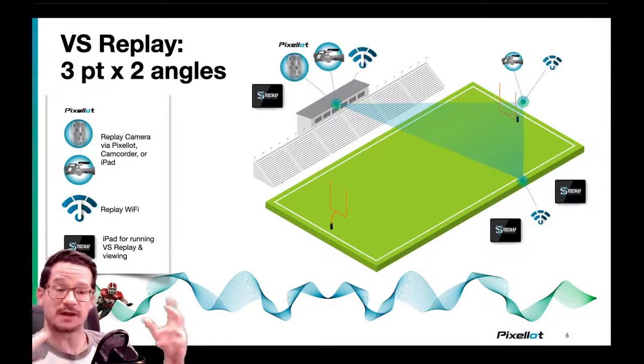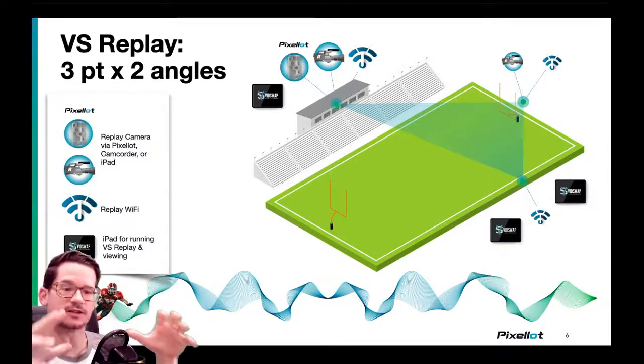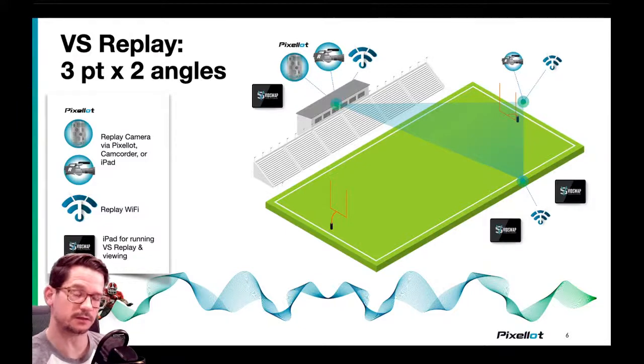It's creating its own network. So the system, it's not using the school network or anything else, but it's creating its own network that you can use on the field. So wherever you take it, it's portable. You can take it anywhere you go and leverage that anywhere.